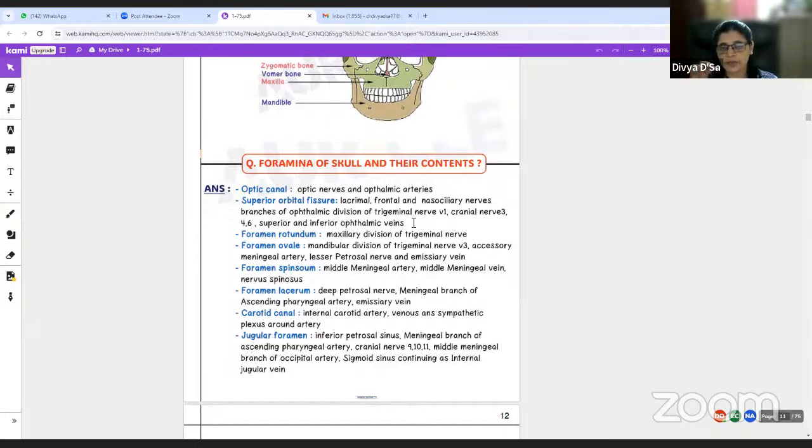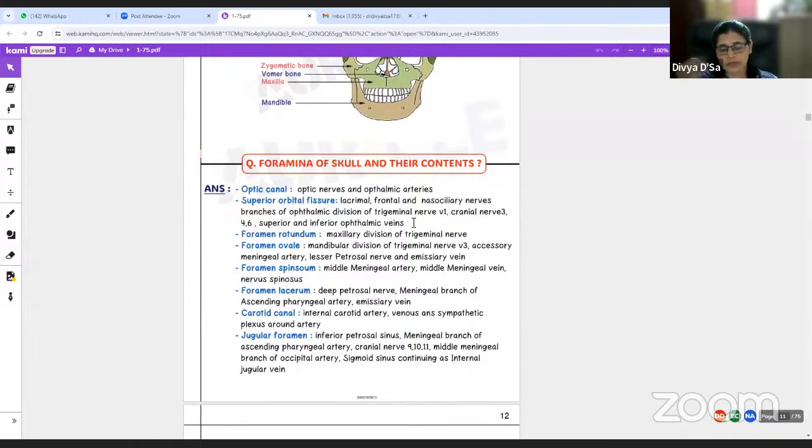Whereas in the middle part of it, we have the upper and lower divisions of the oculomotor nerve. And between those two divisions, the nasociliary nerve will pass. And below and lateral to the lower division, we will have the abducens nerve passing. And in the lateralmost part, we have the superior ophthalmic vein passing.